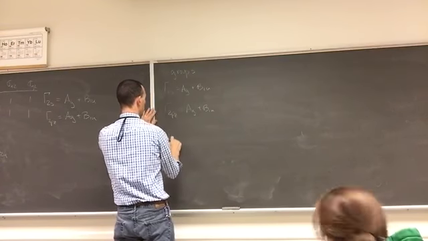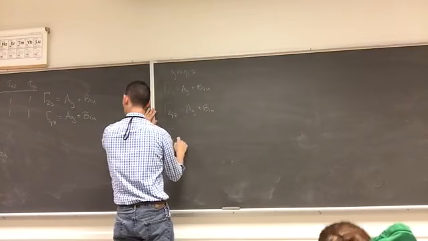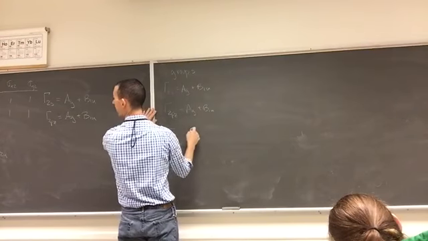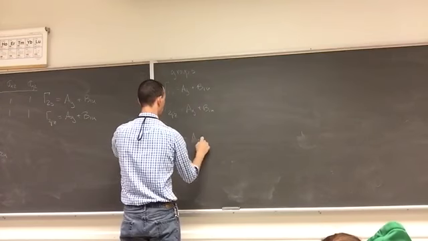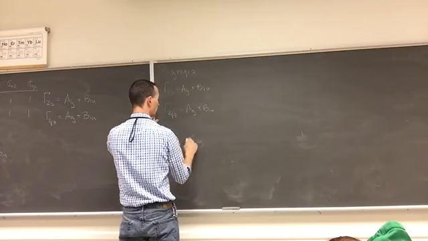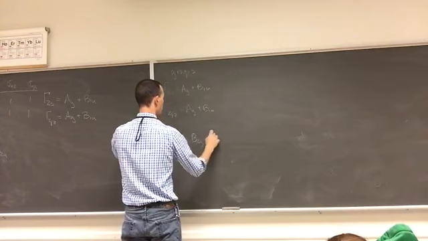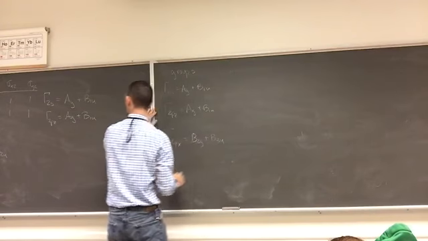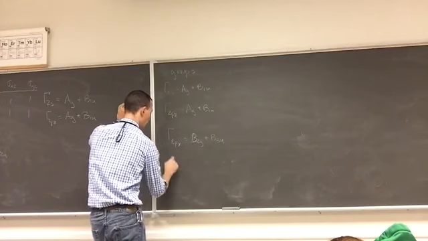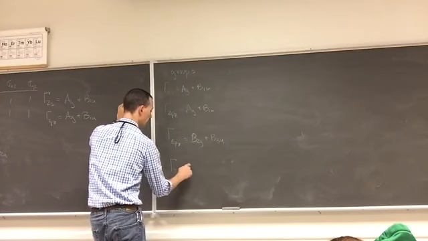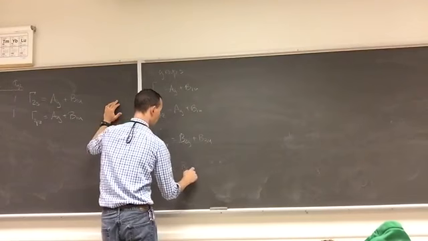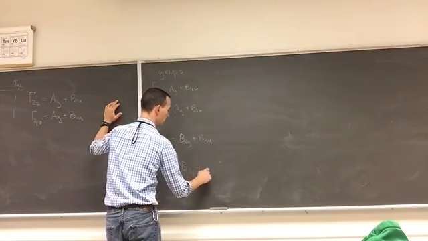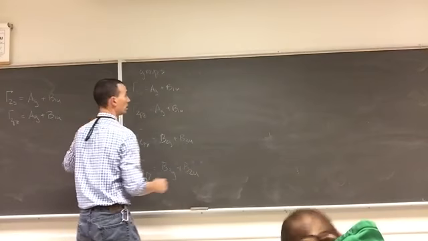For the 2px, we have B2g plus B3u. And for the 2py set, we had B3g plus B2u.